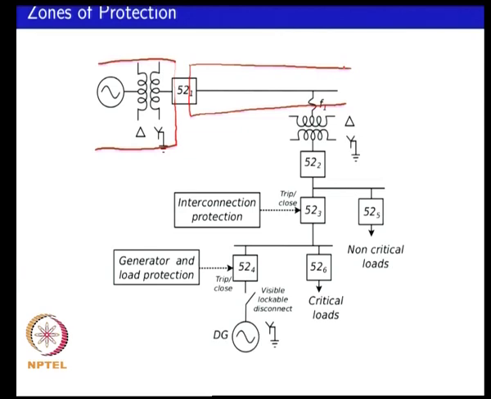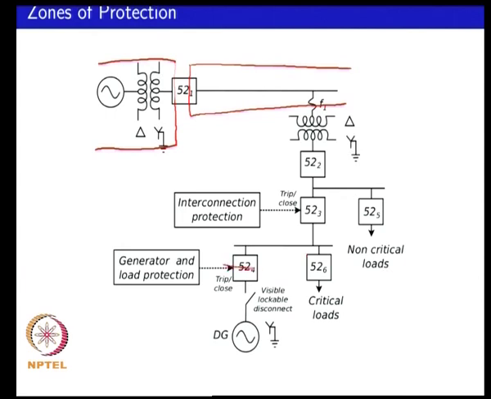So, if you now have DG that is connected in a manner such as this, then you would ask what your interconnection protection is doing, what is its zone. Interconnection protection might protect downstream of the breaker, to prevent overcurrent from your grid flowing into your load.